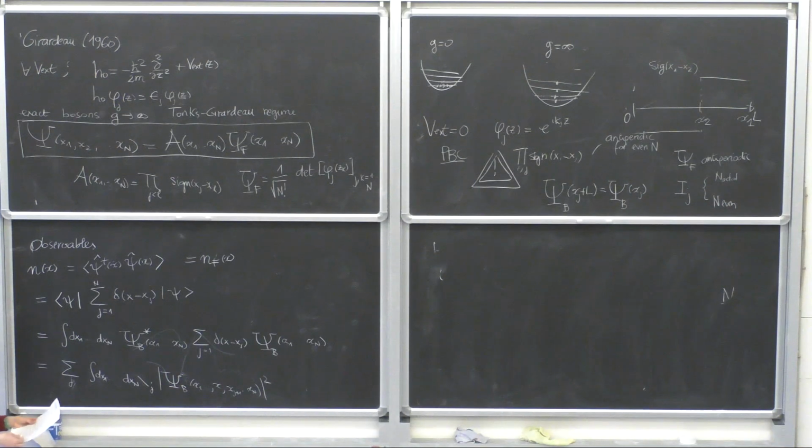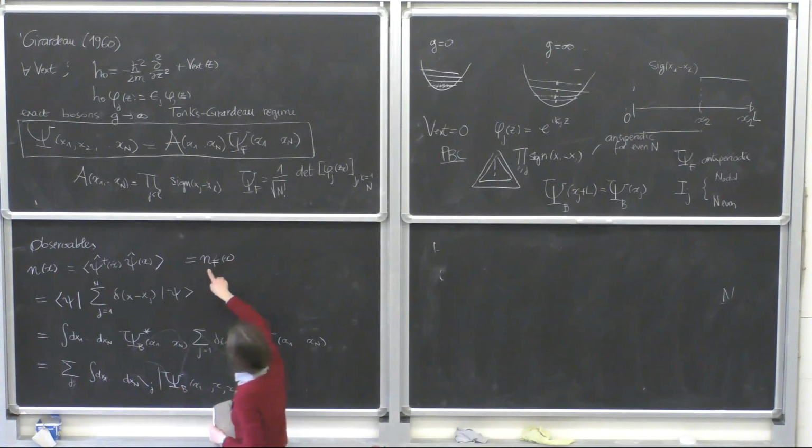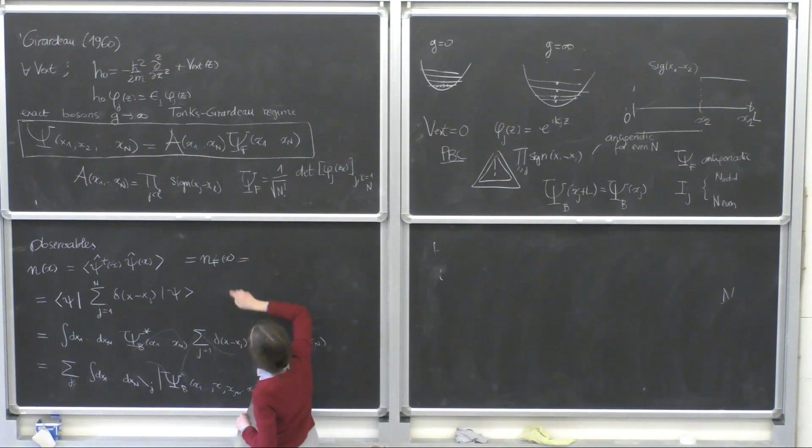So, an exercise again: demonstrate that the density profile of a Fermi gas can be written in a simple way as the sum from 1 to n of the orbitals phi j of x square.